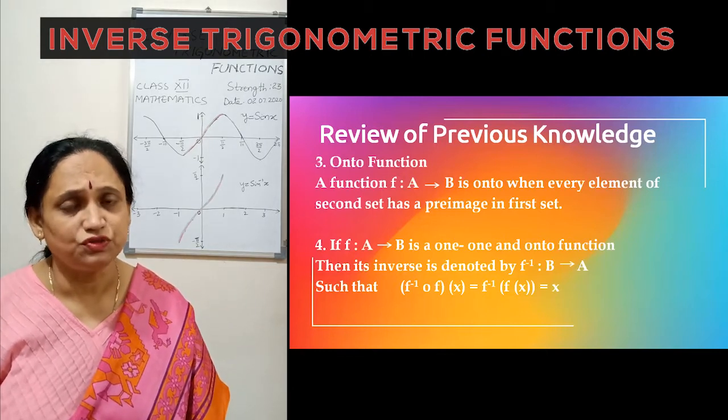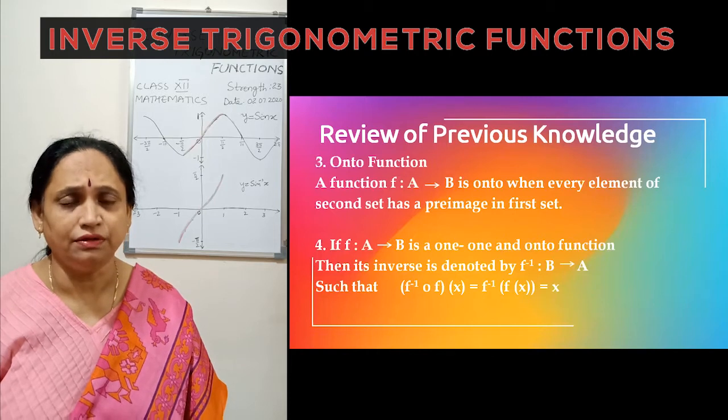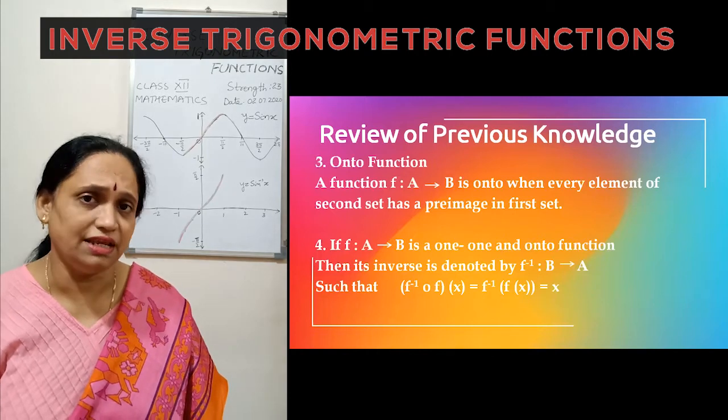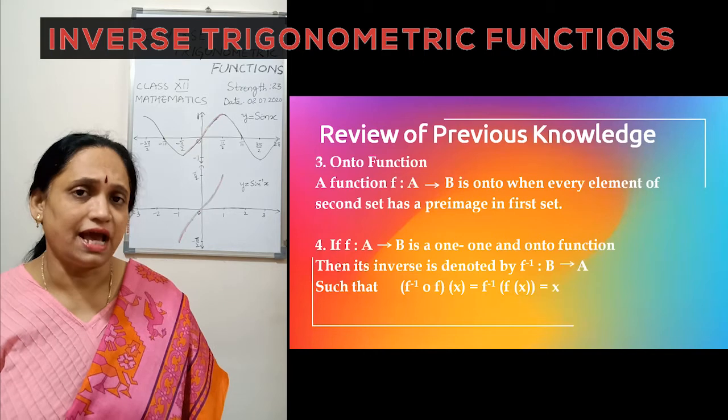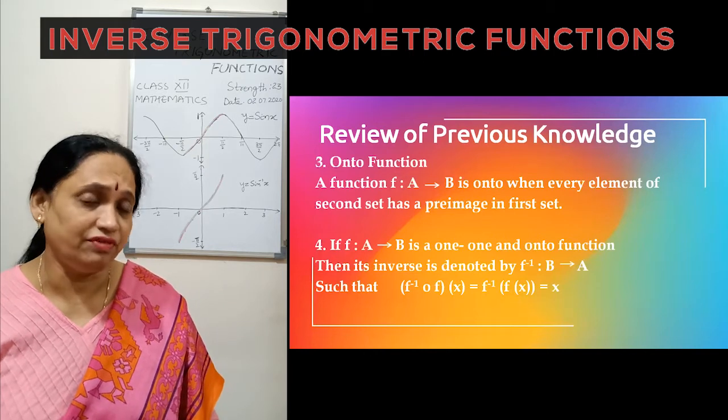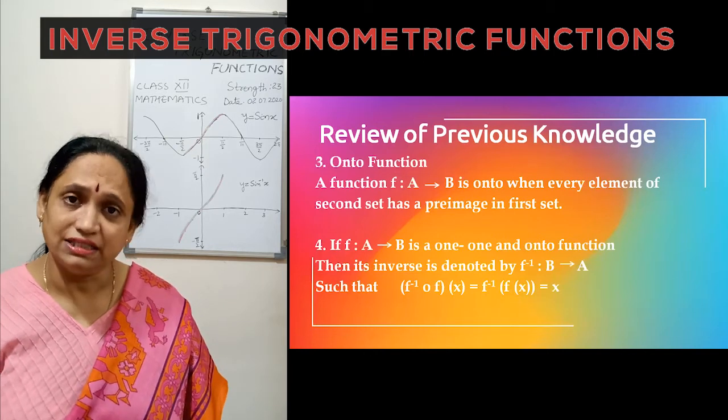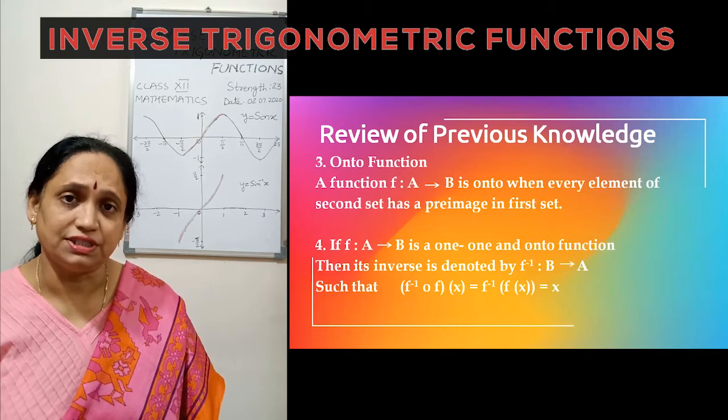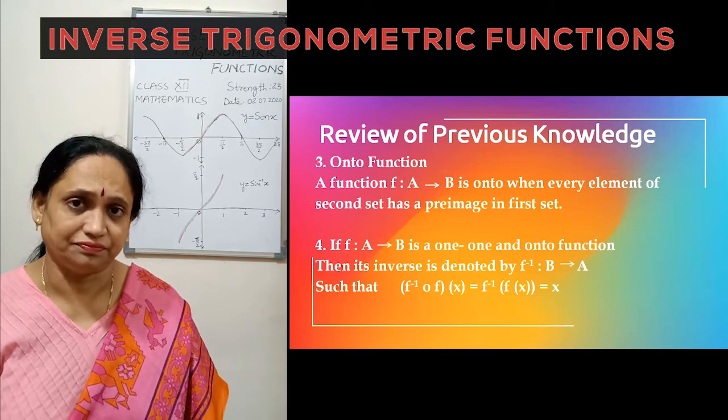A function which is 1-1 and onto both together, that means every distinct elements of first set have distinct images and every element of the second set has a pre-image. Such functions are invertible.